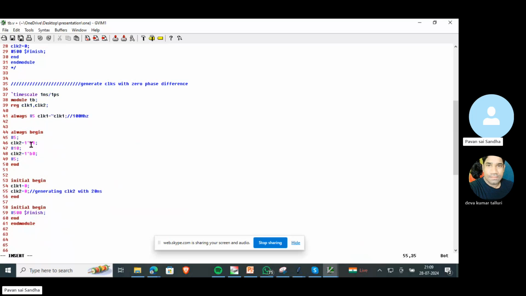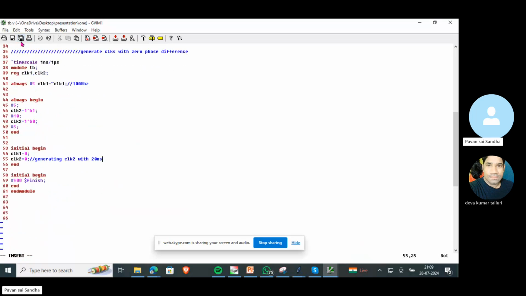So clock 1 will be high for 10 nanoseconds. Next, clock 2 will be high for this 5, and always it will repeat this 5 plus this 5. So it will be for another 10 nanoseconds. So I will show this difference. There will be no phase difference in this code between these two clocks, clock 1 and clock 2. I will show it in code. I'll save this.